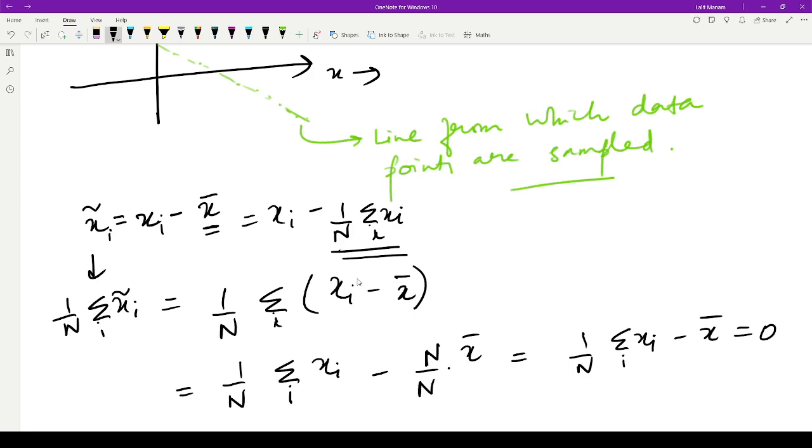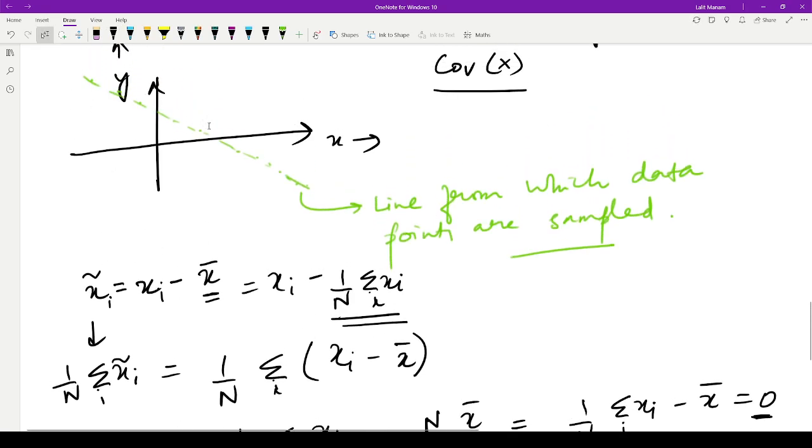So what will be the new mean? The new mean should be 0. How can it be possible that the set of these points shifted to some other place such that the mean is 0? How will this point shift? Your new points will be here, right?